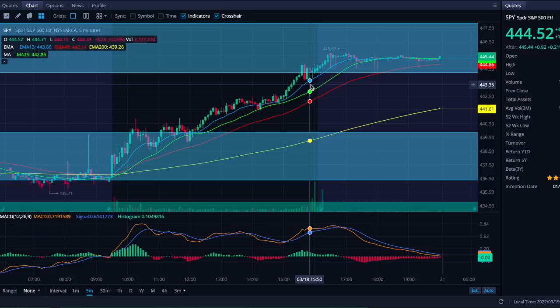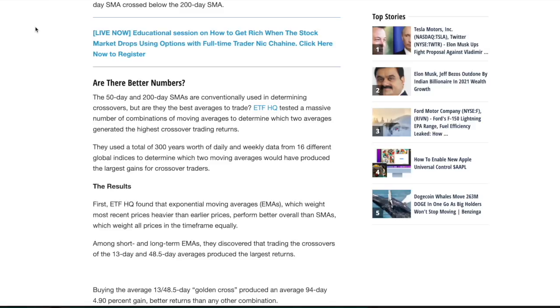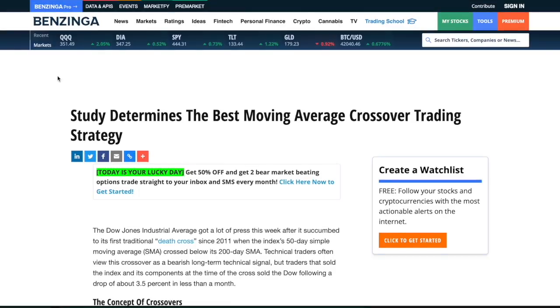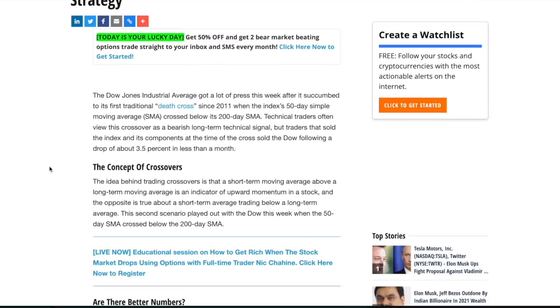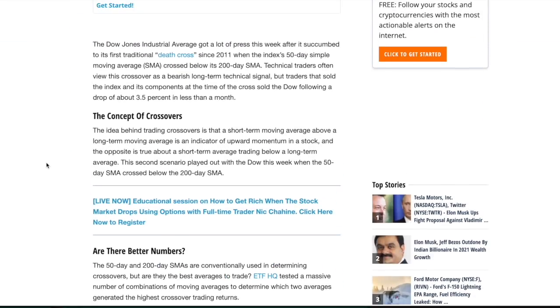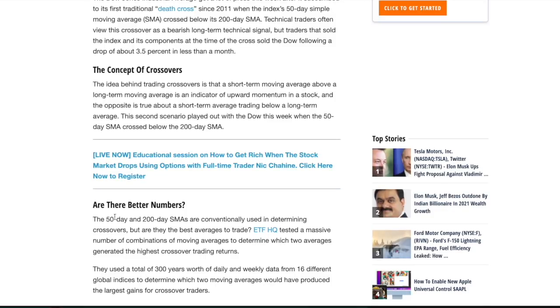So the first thing that we really need to go over is, what is the 1348 EMA? Well, this study right here determined the best moving average crossover trading strategy. The 50 and 200-day SMAs are conventionally used in determining crossovers, but are they the best averages to trade?